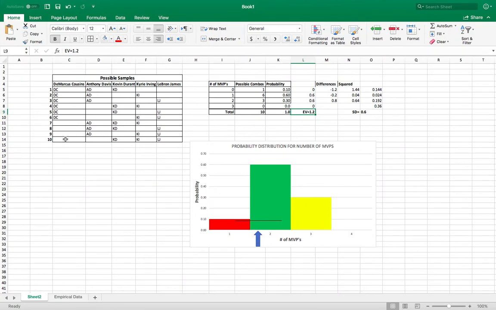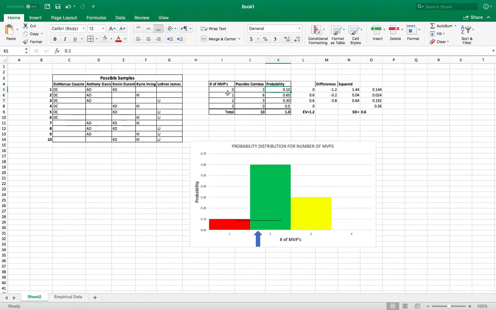So the first sheet I have here is all the different possibilities. As you can see right here, there are 10 different possibilities. In this table, I have the probability of drawing 0 MVPs, drawing 1 of the 2 MVPs, and then of course drawing 2 of the 2 MVPs.